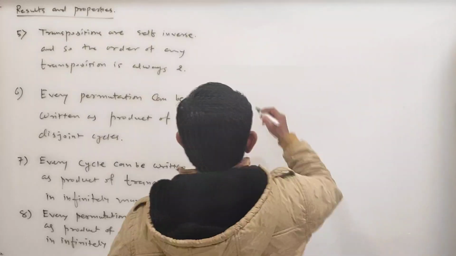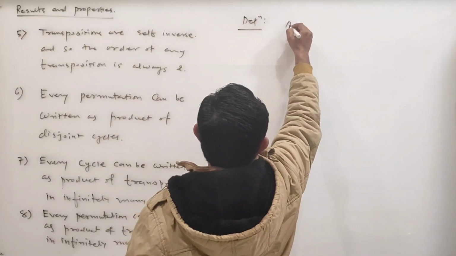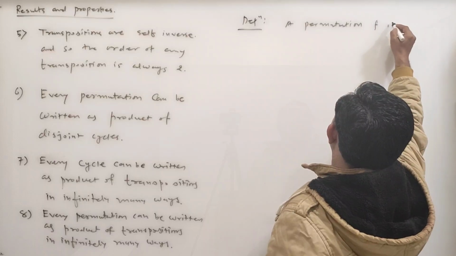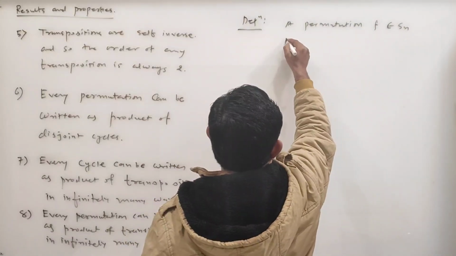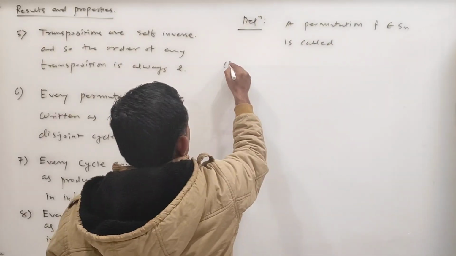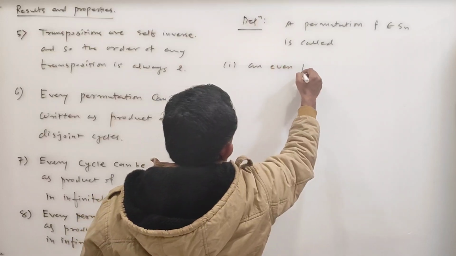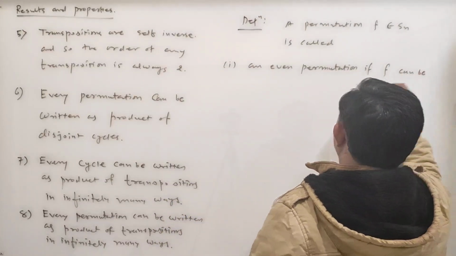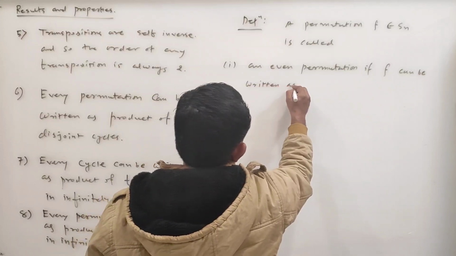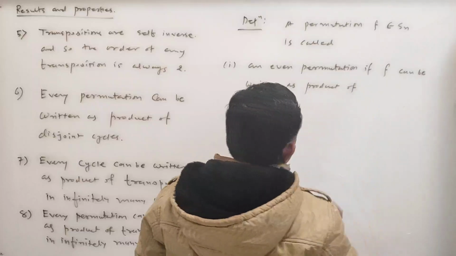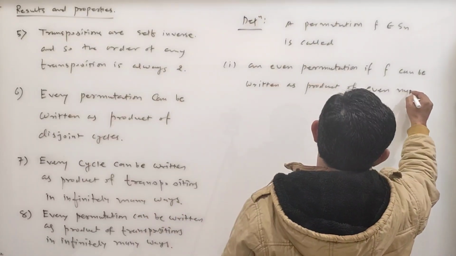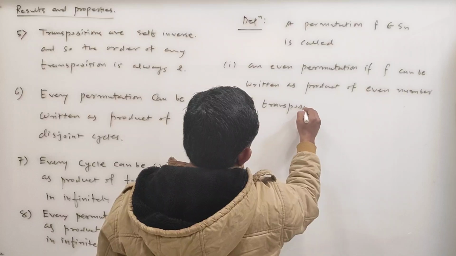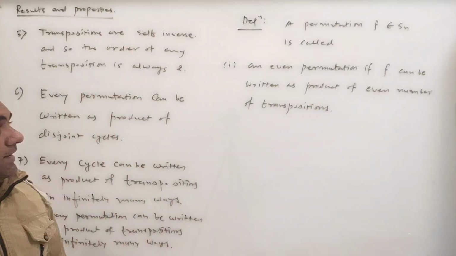So this is our next definition. A permutation F belongs to Sn is called, first, an even permutation if F can be written as a product of even number of transpositions.